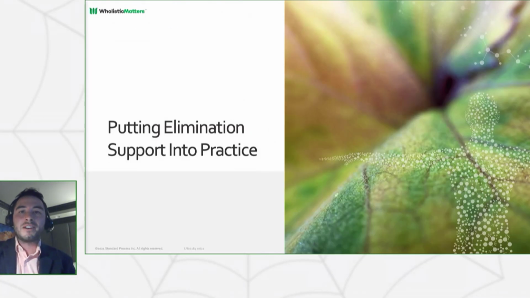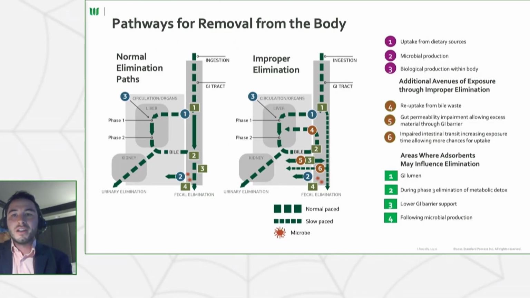The source matters, so make sure it is a purified clinoptilolite that is being given, that has undergone the safety and regulatory standards. And there's going to be all kinds of ways that you can utilize these adsorbents, and there are different points of interaction in the body. So this can be in people who have normal elimination pathways, but also in people who have improper ones.